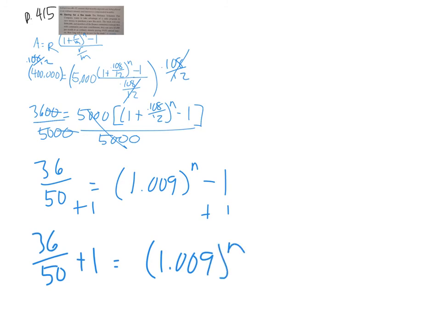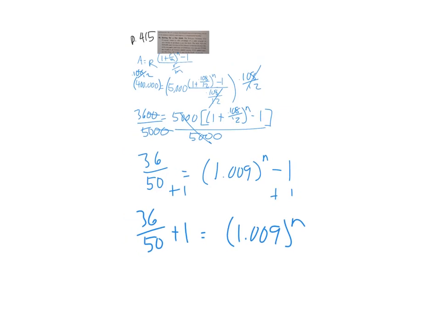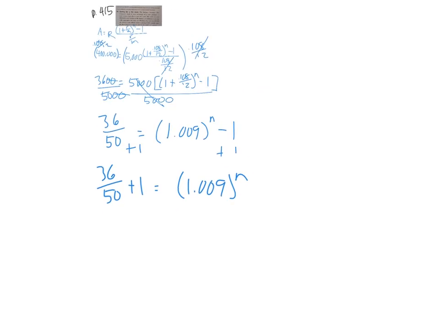1.009 to the n. This is the point where we can use a logarithm to get that n down out of the exponent. So we are going to take a logarithm of both sides. We're going to take log of this side and log of this side.